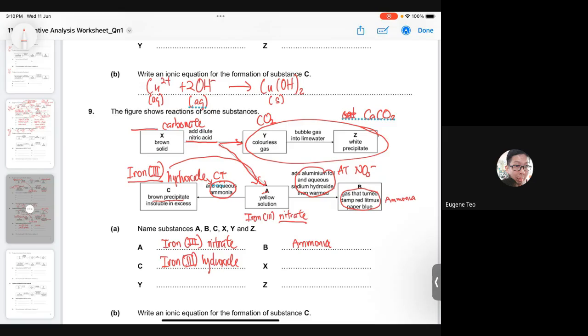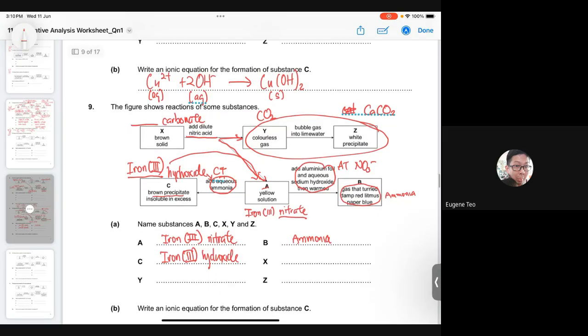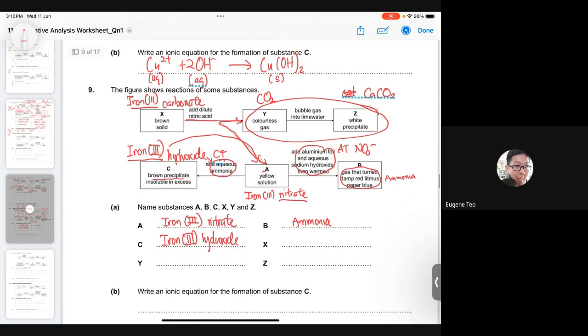And you know that the yellow solution, which is iron 3 nitrate, which is A, would have been derived from the brown solid. So actually X will be iron 3 carbonate. So if we were to write down all the answers here, Y is carbon dioxide, Z is calcium carbonate, and X itself would be iron 3 carbonate.